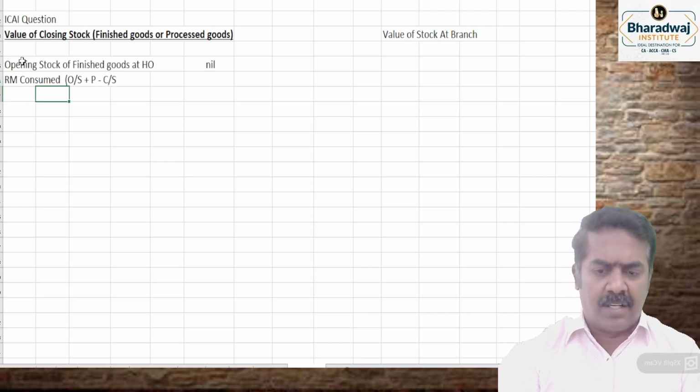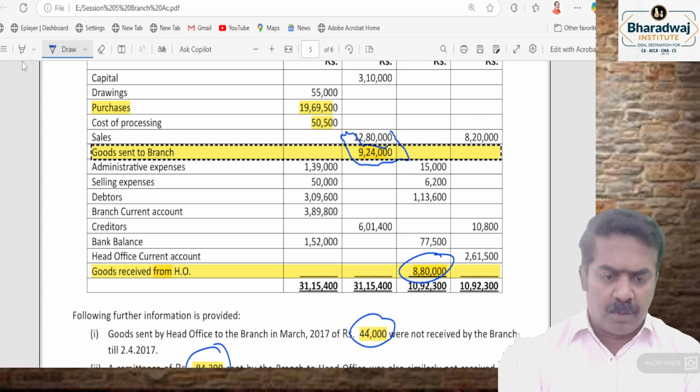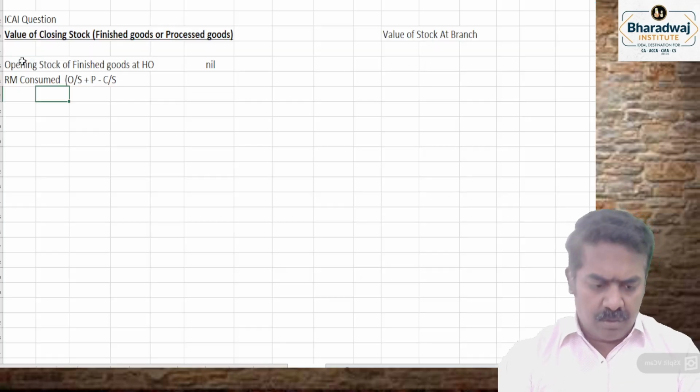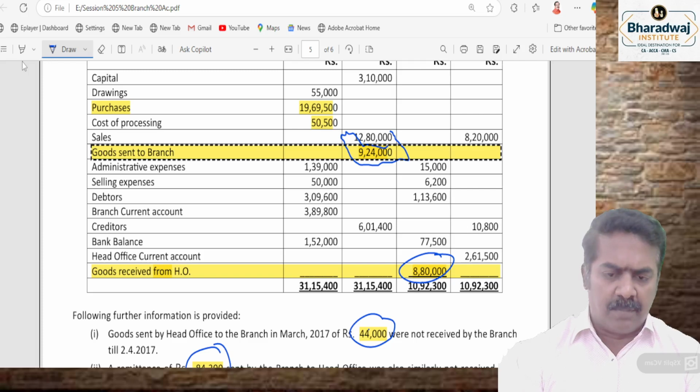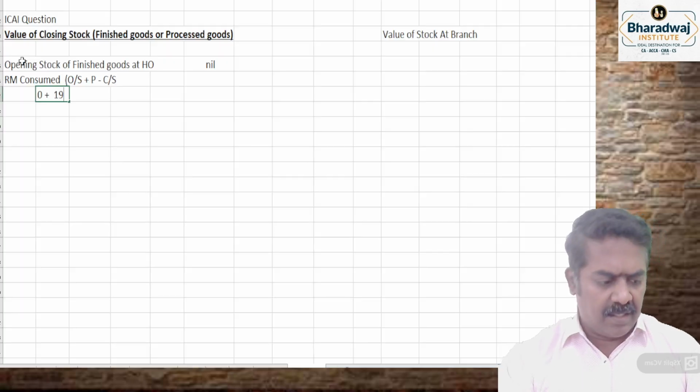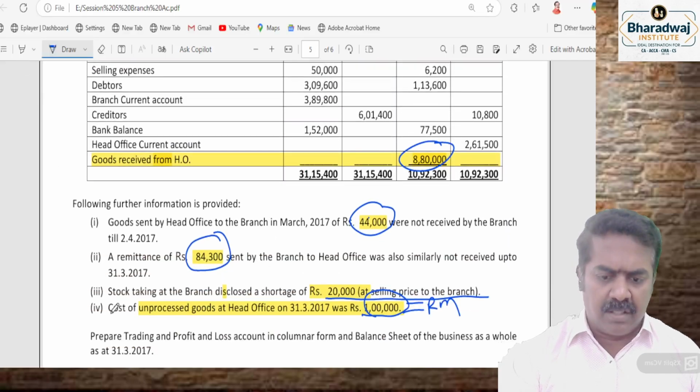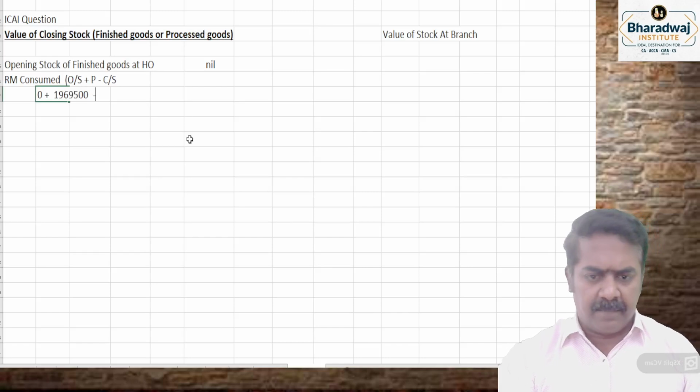Raw material is nothing but unprocessed goods. What is the opening stock given? No opening stock given. Plus purchases, see how much is given. Purchase 19,69,500, minus closing stock, given in the adjustment, point number 4, 1 lakh.